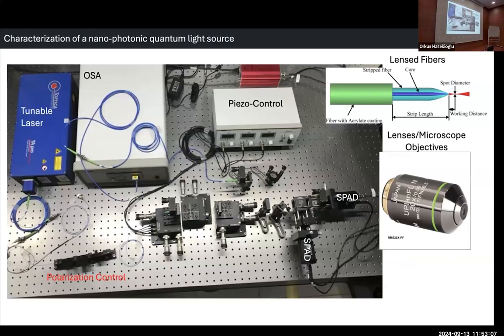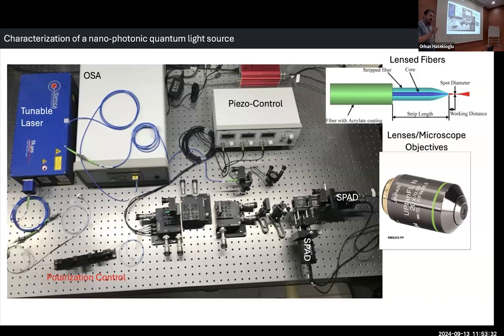Okay. In a tabletop experiment, we see the tunable laser here, for example. It's from an old setup, a tunable laser with a kilohertz narrow bandwidth. Why? Because if you have a cavity with a high quality factor, then your full width at half maximum will be very narrow.